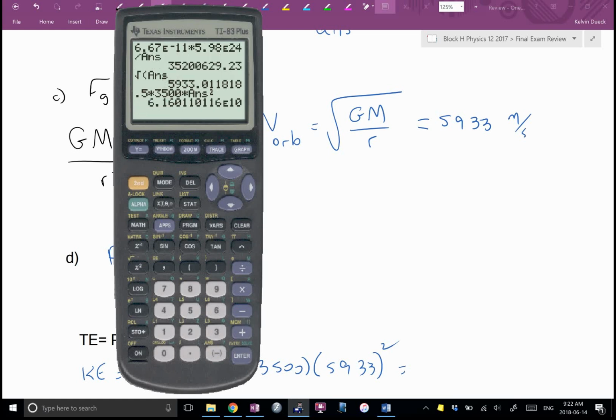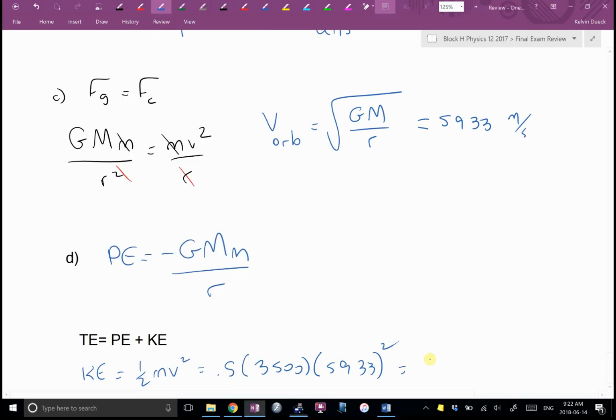Do you get 6.16 times 10 to the 10th? Yeah? And I recall a lot of our answers for these were 10 to the 10th and 10 to the 11th. Once in a while, 10 to the 9th, not often. Once in a while, 10 to the 12th, not often. I'm pretty good about that. So 6.16 times 10 to the 10th joules.